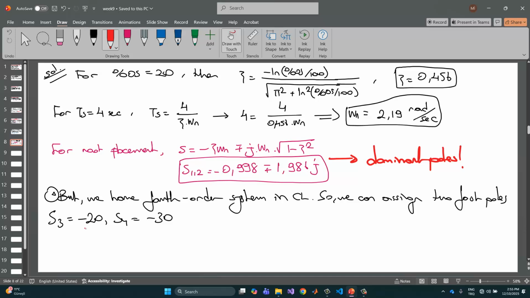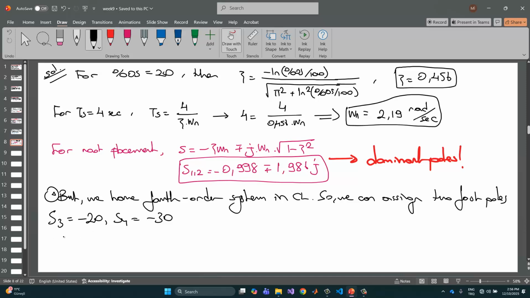But if we have this minus 20, this is the time constant. If we have the higher value in here, this diminishes fast, okay? Which one is fast in here? Between S3 and S4, which one is fast? Yeah, minus 30.